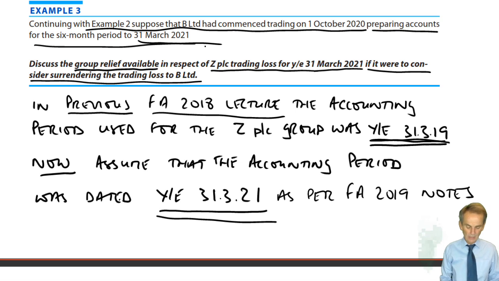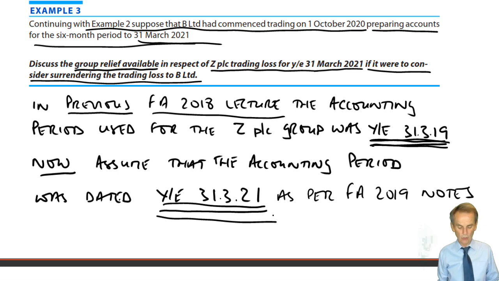Now, given that we're dealing with Z with a year ended 31st of March, here now year ended 31st of March 21, at least that accounting date is the same. The only issue is that B's limited trading period, although entirely consistent and falling entirely within the accounting period of Z, for Z it's a year ended 31st of March 21, but for B Limited it's only the 6 months there.